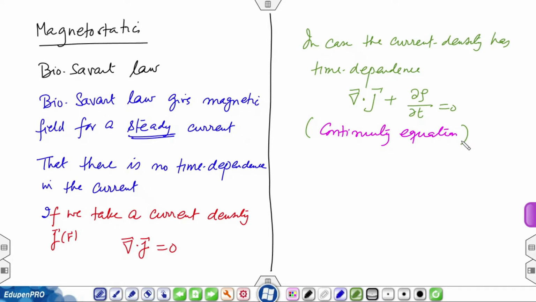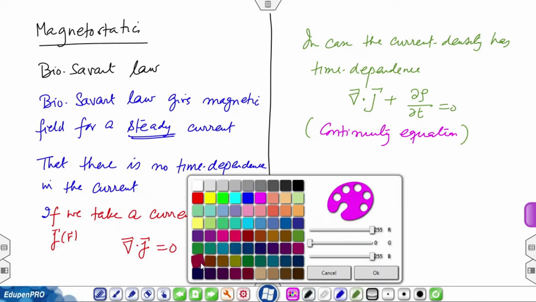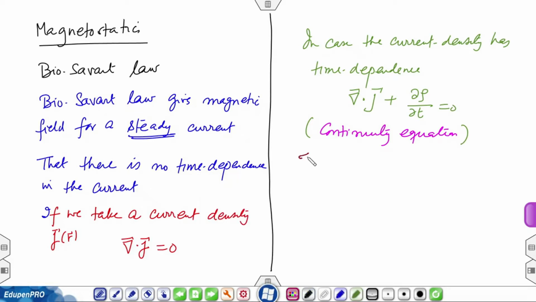So, we are dealing with time independent or steady current.